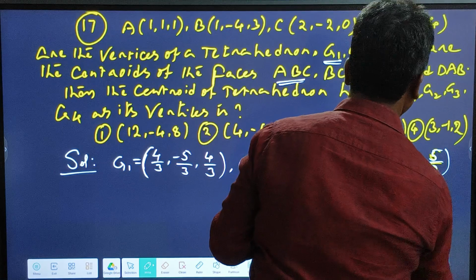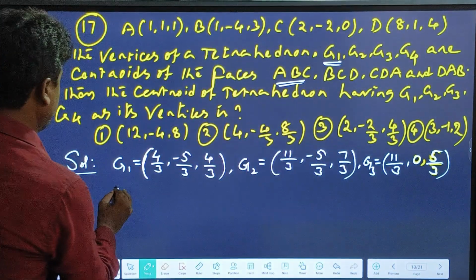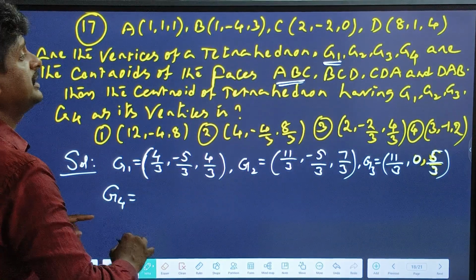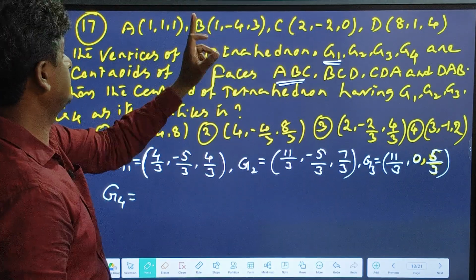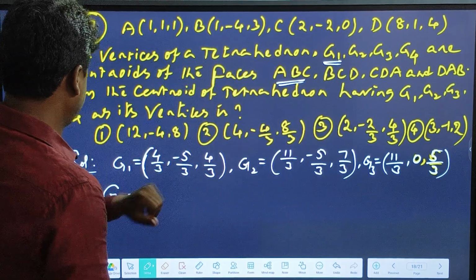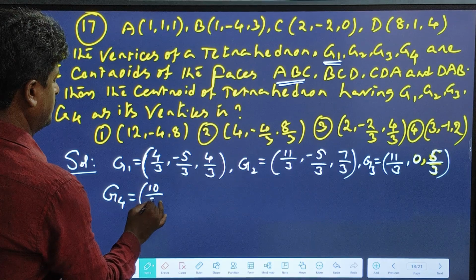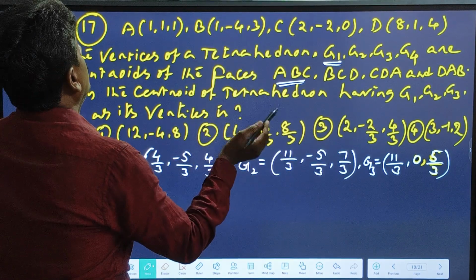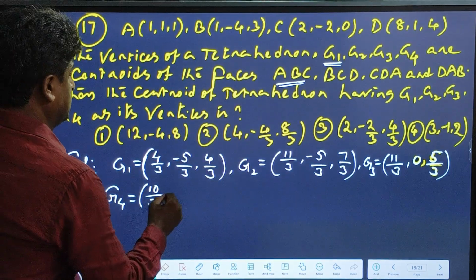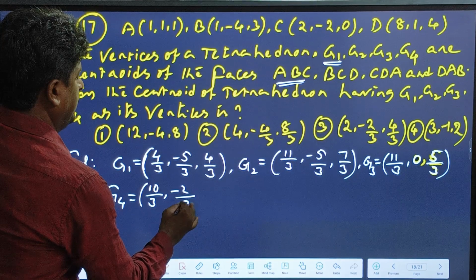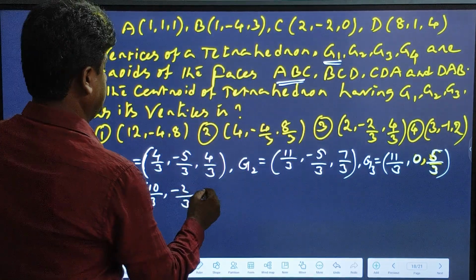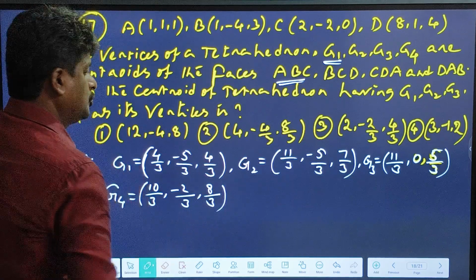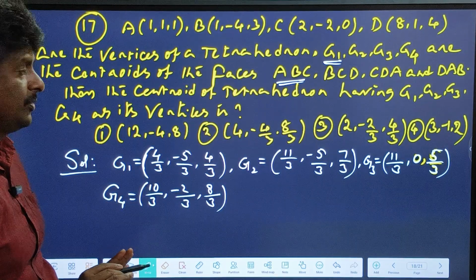Next, G4 is the centroid of DAB. 8 plus 1, 9 plus 1, 10 by 3. 1 plus 1, 2 minus 4, minus 2 by 3. 4 plus 1, 5 plus 3, 8 by 3. So these are the vertices of tetrahedron.